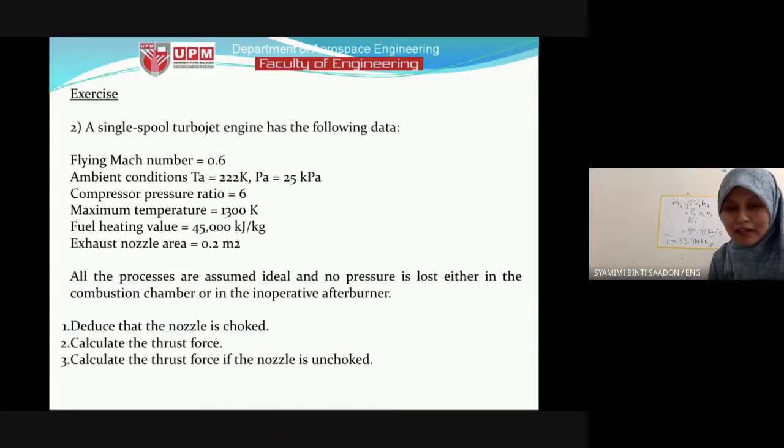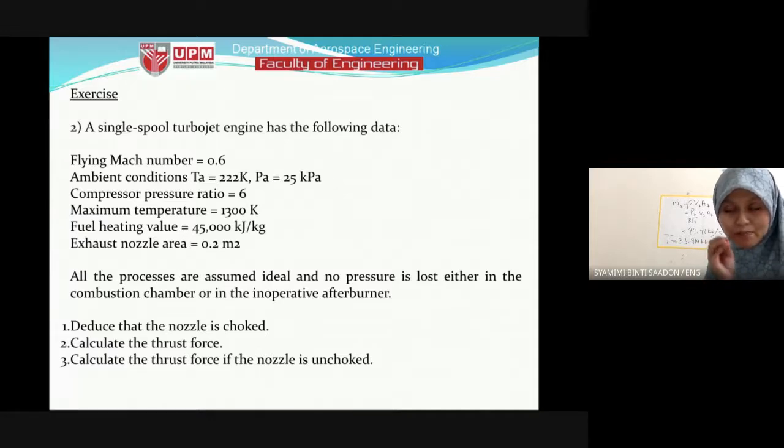But if the nozzle is unchoked, then the exit pressure PE, or P7, is equal to the ambient pressure. Back to the same as exercise 1. P7, PE equals PA. So use back that definition to calculate T7, V7, the same equation as exercise 1.